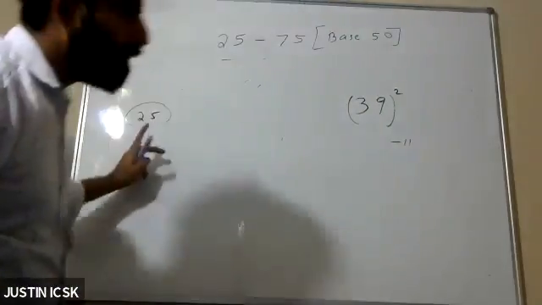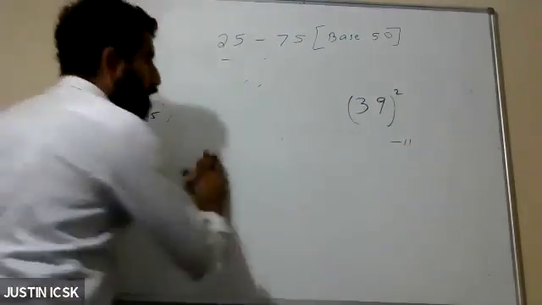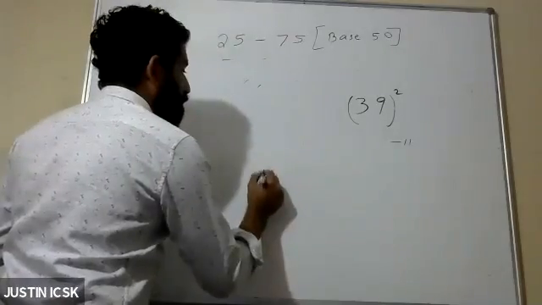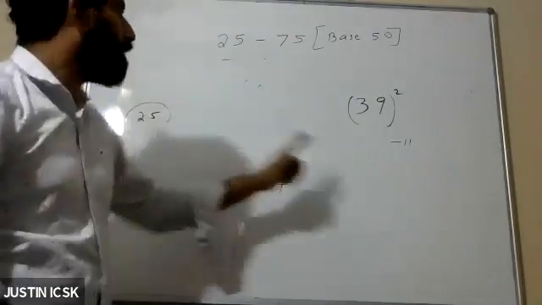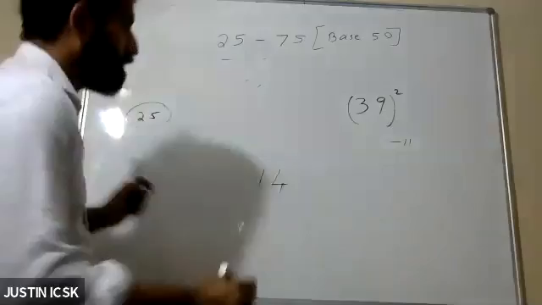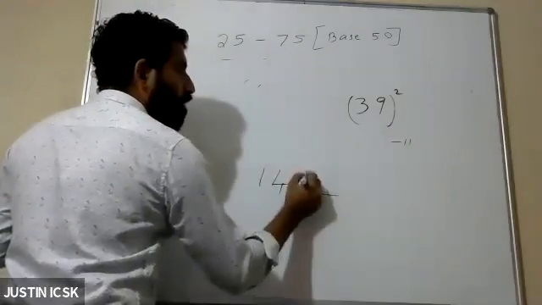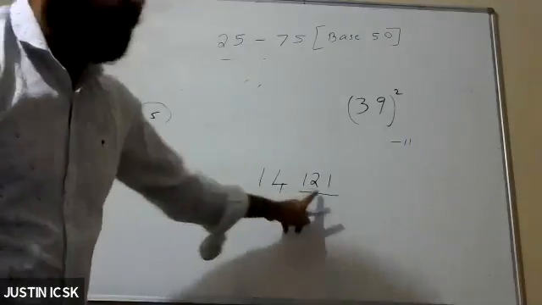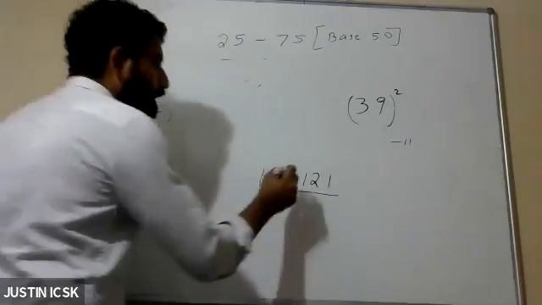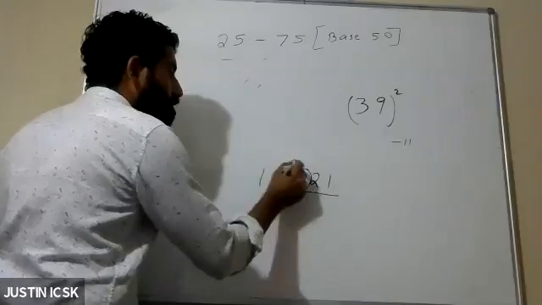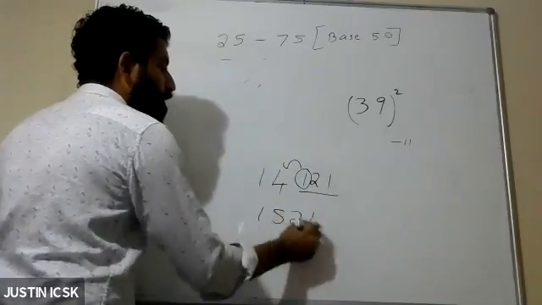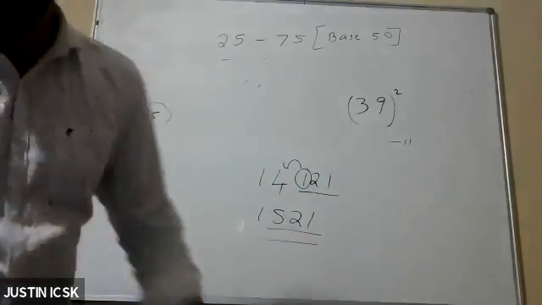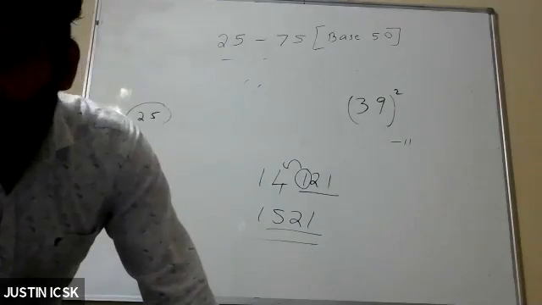Bring your 25. 25 minus 11 is 14. 11 square is 121. I told you only two digits, so the third digit should carry. So 1521.